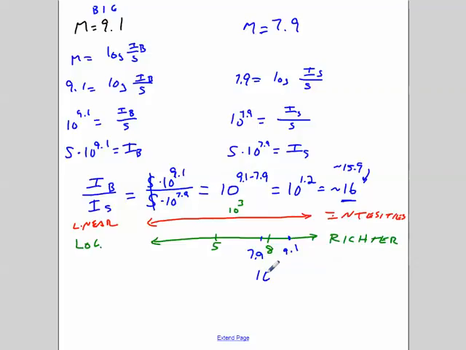It would be 10 to the 9.1 minus 7.9, 10 to the 1.2. 10 to the 1.2 is about 16. So up here it'd be 16 times as powerful, going from 7.9 to 9.1. Going from 5 to 8, it's 3 times more powerful on the log scale, but 3 times more powerful on a log scale converts to 10 to the third times more powerful on a linear scale.